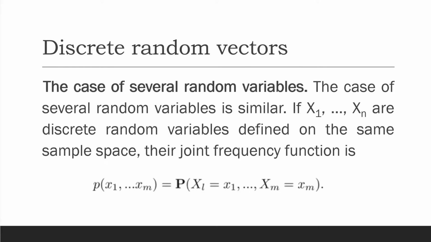Let's have the special case of several random variables. The case of several random variables is similar. If X sub 1 up to X sub n are discrete random variables defined on the same sample space, their joint frequency function is the probability of the point x sub 1 up to x sub n, which is equal to the probability that X sub 1 equals x sub 1, up to X sub n equals x sub n.